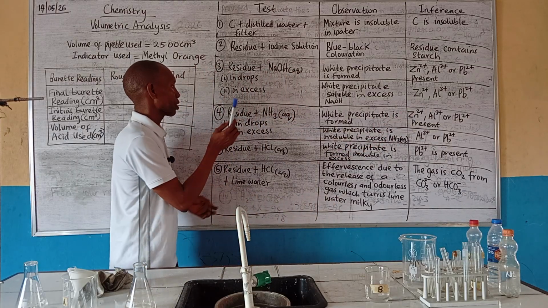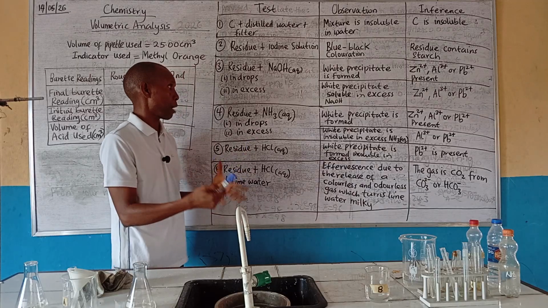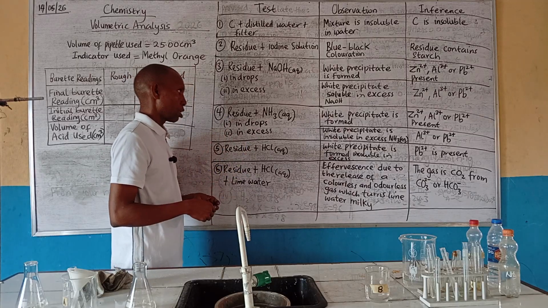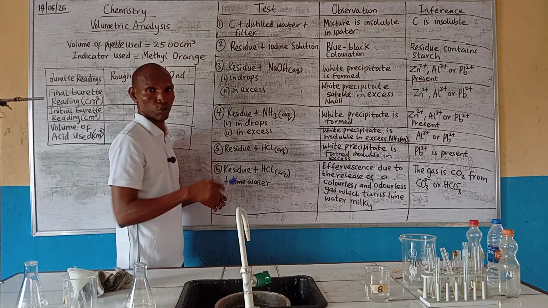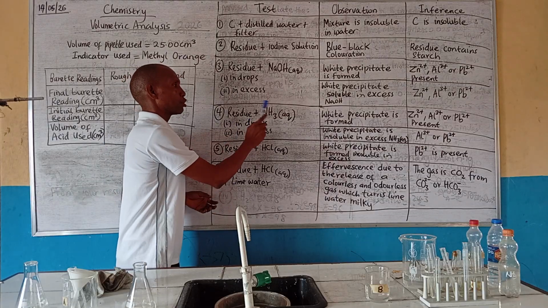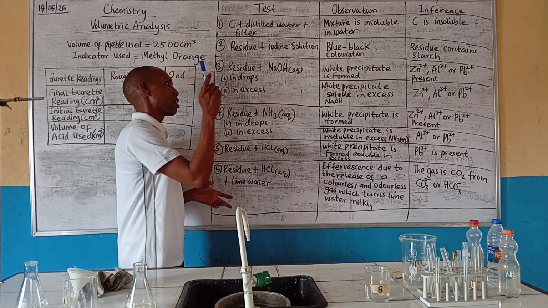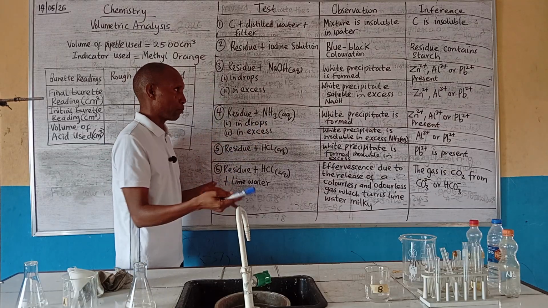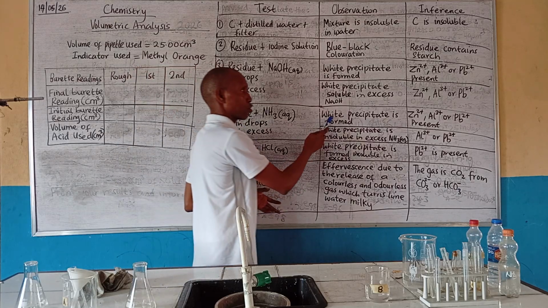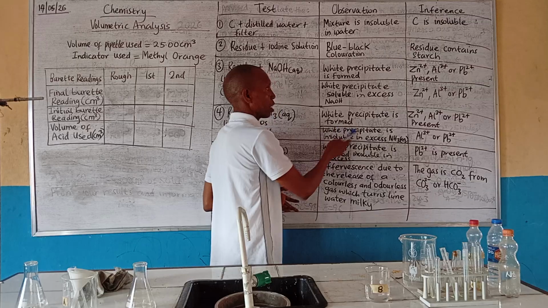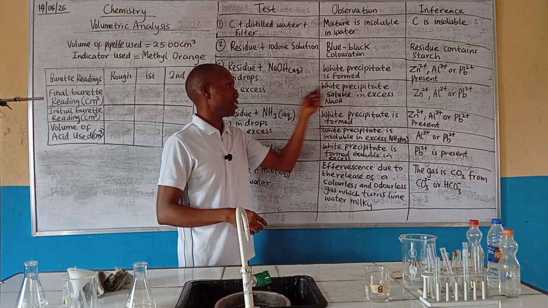Then let's go to aqueous ammonia. If aqueous ammonia is added to the residue, the residue is what is left in the filter paper after filtration. Aqueous ammonia is added to the residue in drops. You are still going to have white precipitate formed, as when sodium hydroxide is added in drops.